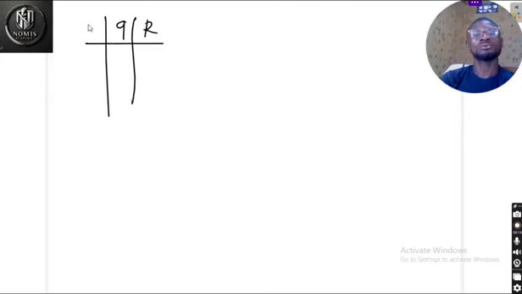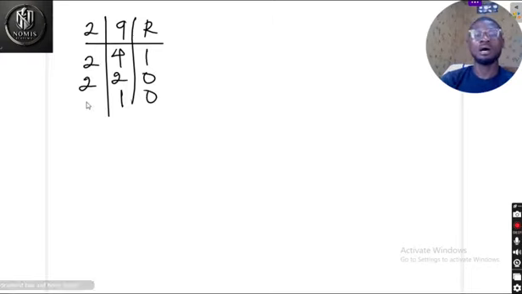What we do is divide 9 by 2 and take the remainder as the number in base 2. So 9 divided by 2 is 4, remainder 1. 4 divided by 2 is 2, remainder 0. 2 divided by 2 is 1, remainder 0. And 1 divided by 2 is 0, remainder 1.